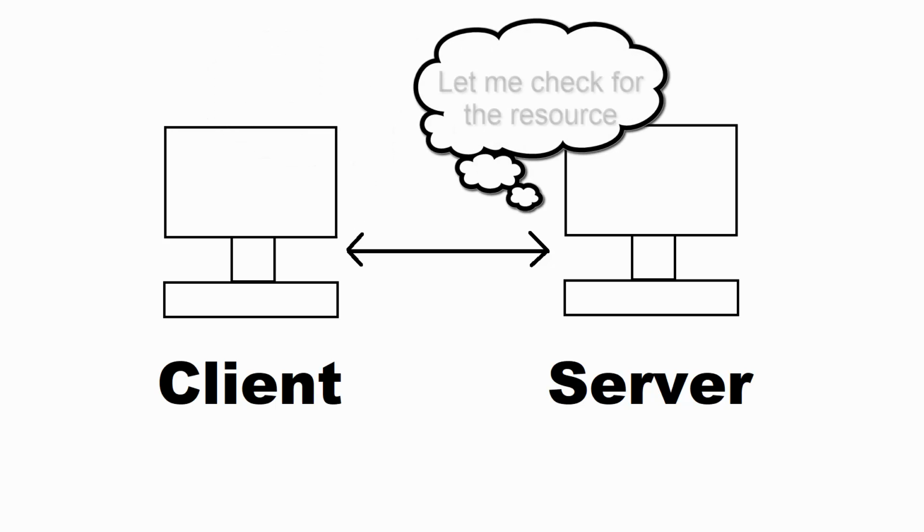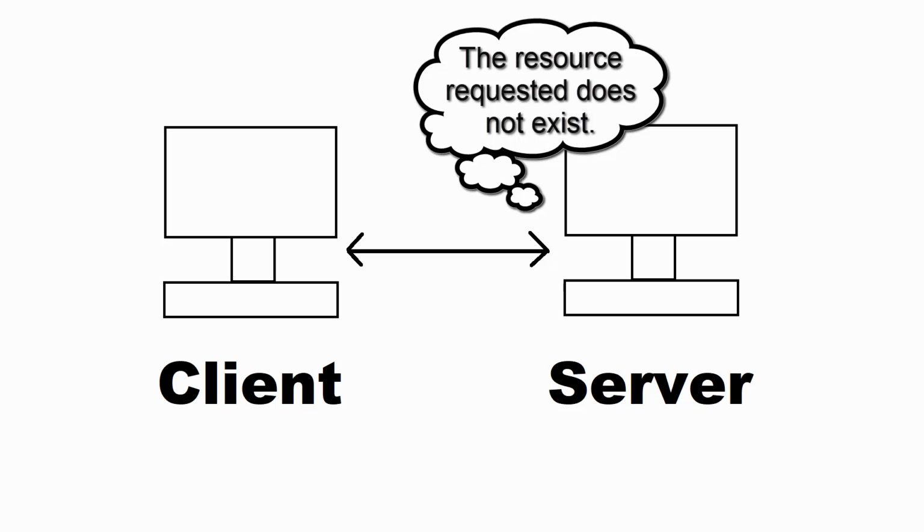Now the web server looks in the directory in which it is supposed to serve and sees if a readme.txt file exists. If it does not exist, we straight away get a response which says that a file with this name does not exist.